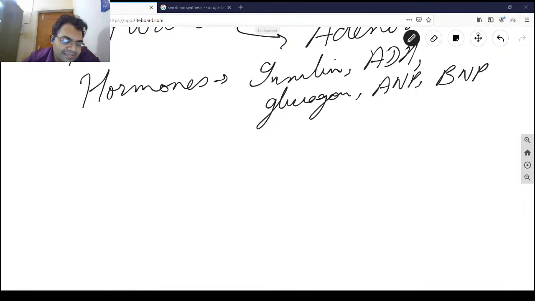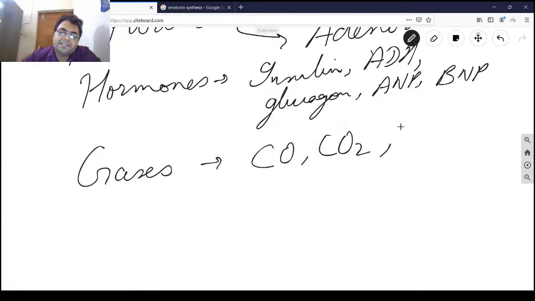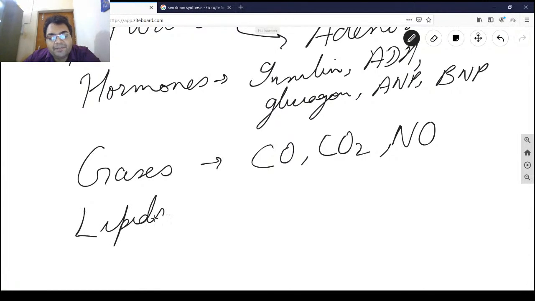Then we have gases: carbon monoxide, carbon dioxide, and the vasodilator nitric oxide. They are neurotransmitters. Then we have lipids. Lipids can also act as neurotransmitters, very special. An example is anandamide.